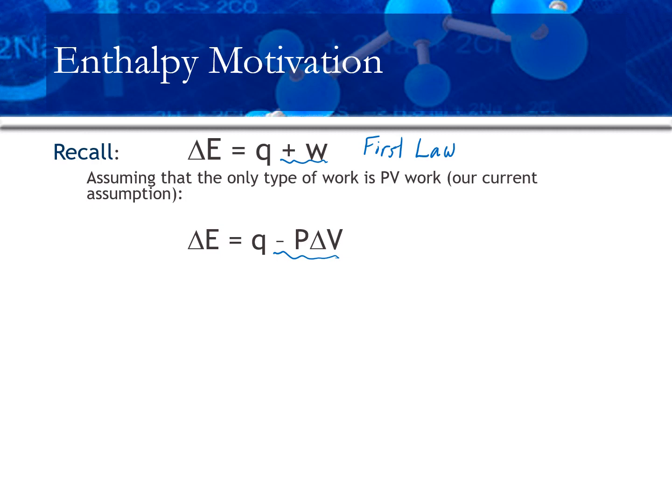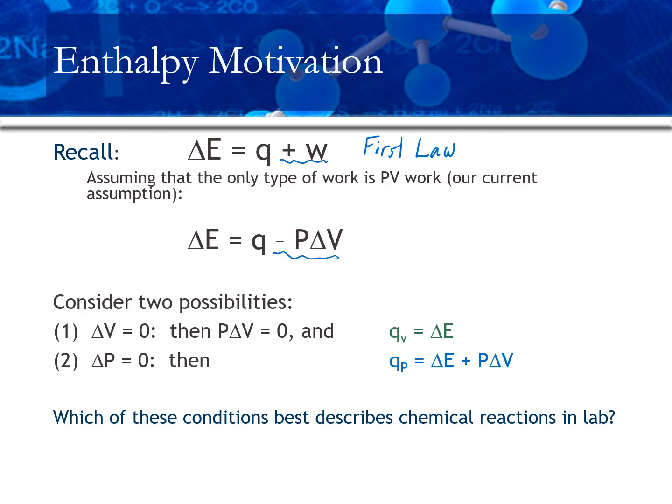Now, if we look at the conditions under which we do chemical reactions, we really only have a couple choices. One choice is we could do chemical reactions at constant volume, that is, delta V equals 0. Constant volume requires a closed container that is rigid so that the volume can neither expand or contract.